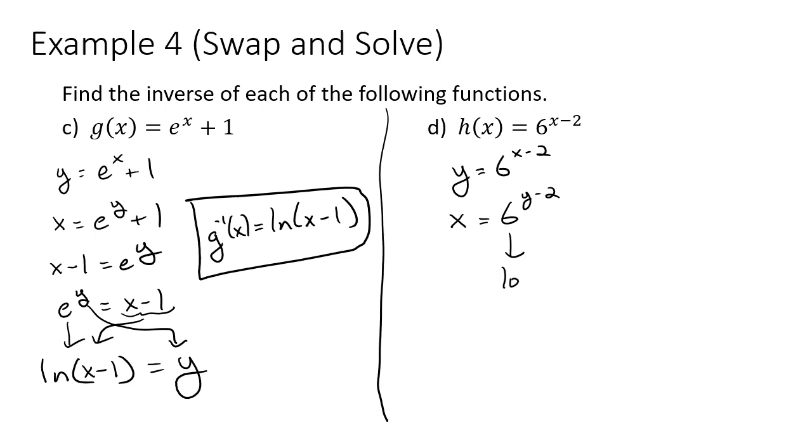Exponent base 6 is going to become log base 6. And then everything else jumps across the equal sign. So the x on the left moves across and goes inside of the logarithm. And the entire exponent y minus 2 moves over to the left. In order to solve for y now, we just add the 2 across to the other side.